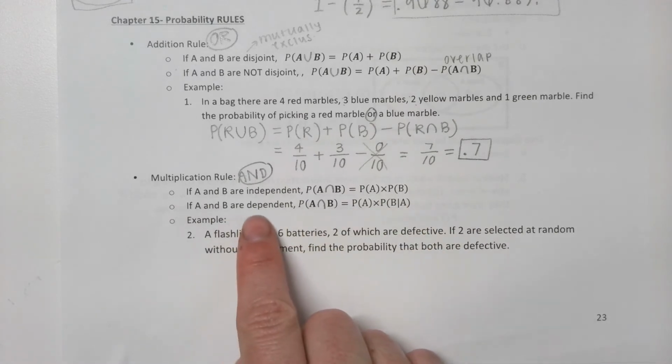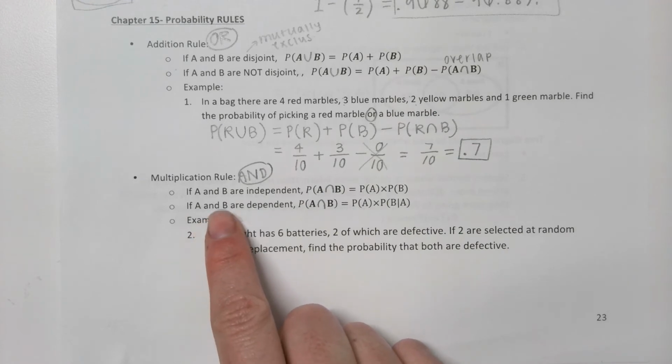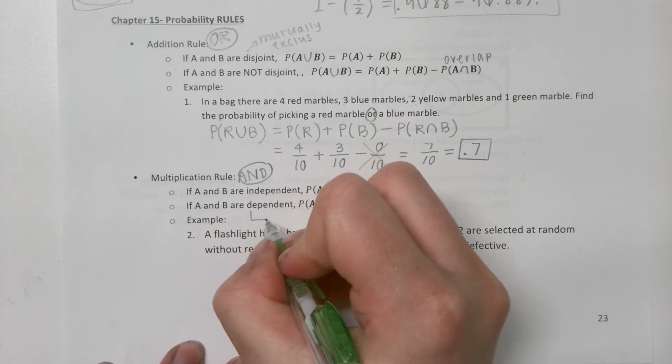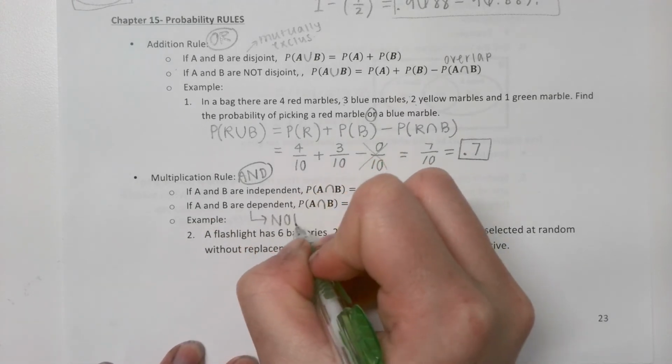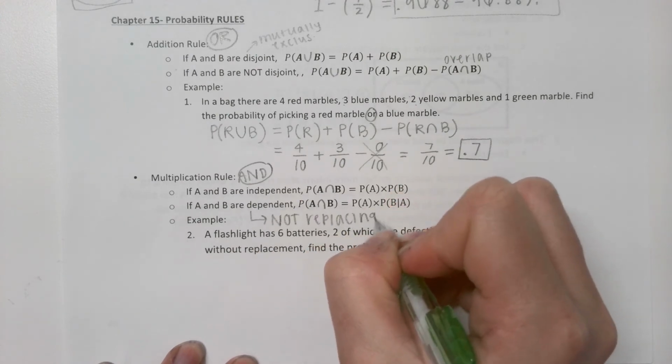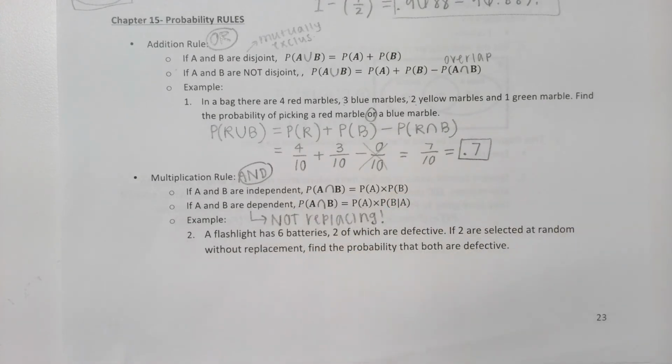If A and B are dependent, so that means the outcome of A impacts the probabilities in outcome B, this typically happens when you are not replacing. For example, if I pick a card and then I don't replace it, and you pick a card, your probabilities are impacted by what card I got.